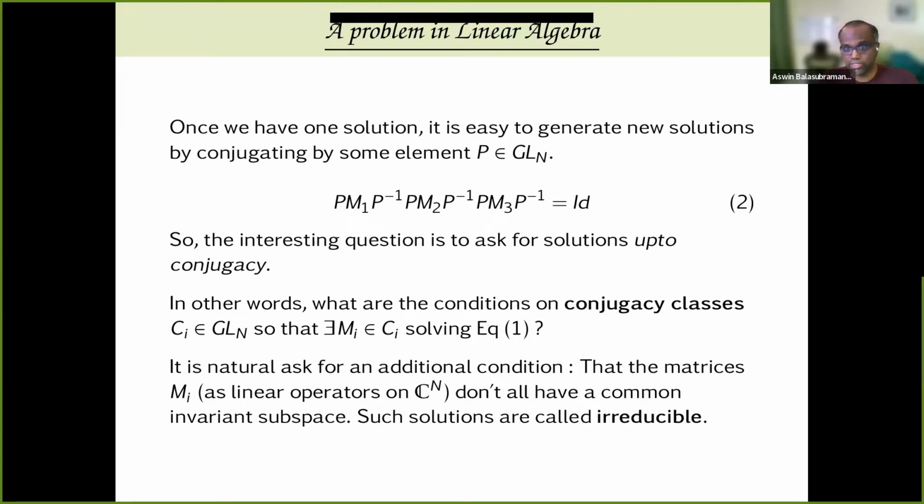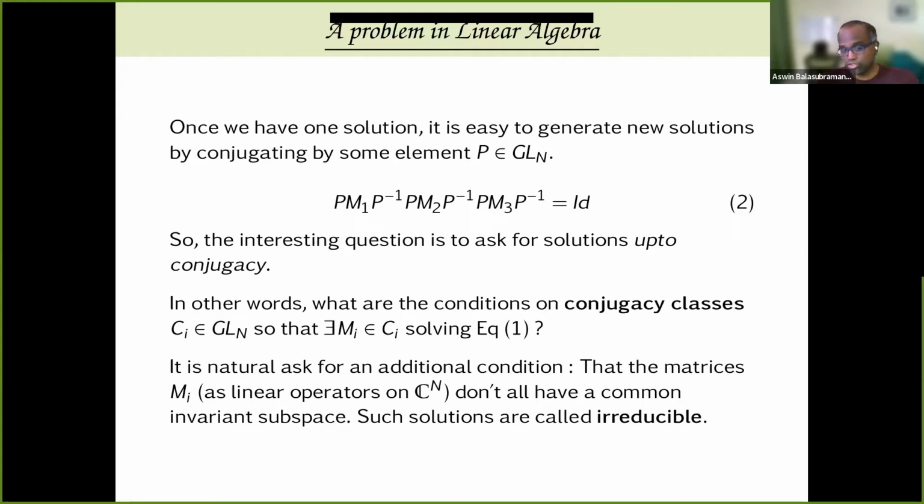So the interesting question really is to ask for solutions up to conjugacy. In other words, what are the conditions on conjugacy classes C_i living in GL_n, such that there exist representatives M_i belonging to these conjugacy classes C_i, solving equation 1 that I wrote on the previous slide?